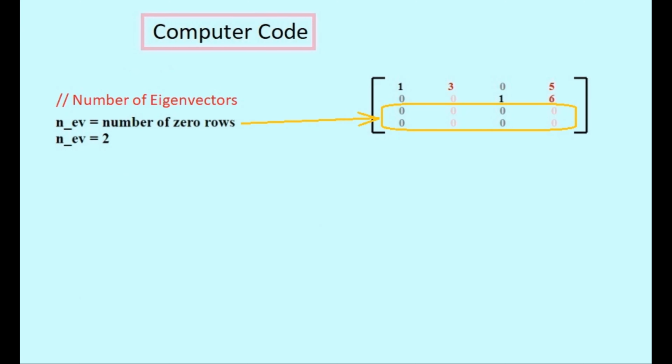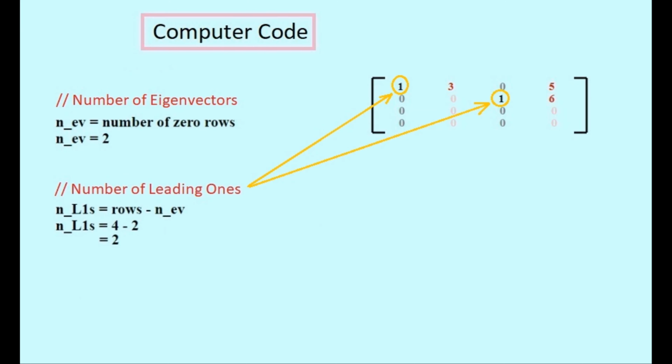And now to write some computer code to find the eigenvectors of a matrix. We firstly subtract the eigenvalues from the diagonal elements, and then reduce it to reduced row echelon form. The number of eigenvectors for this matrix may be found in a number of ways, but one way is to count the number of rows that contain only zeros.